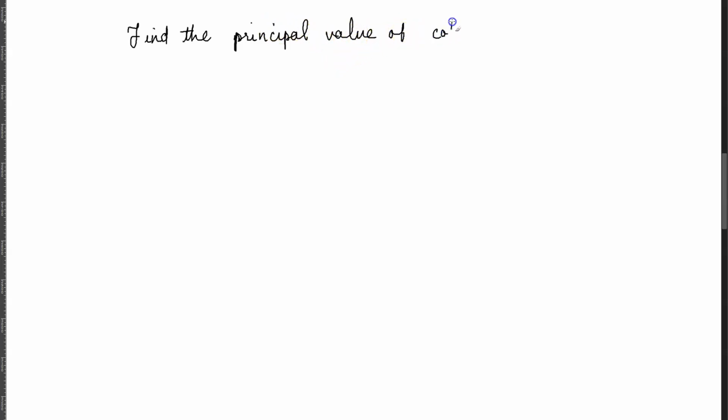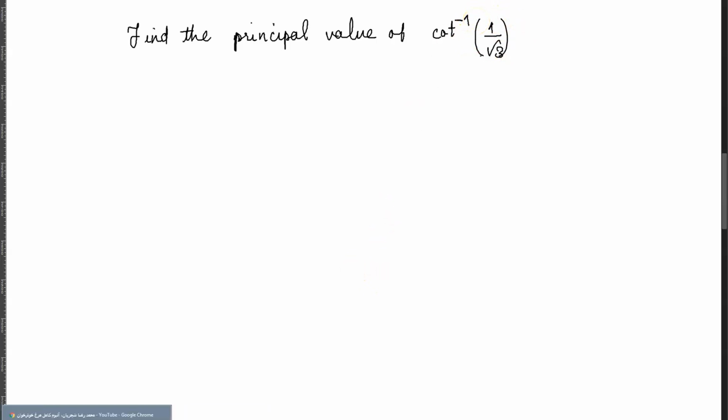Now, cot of 1 over square root of 3 is something that you need to calculate. First of all, for the cot function, you need to know the domain and the range of the function, right? Of course, it is necessary.